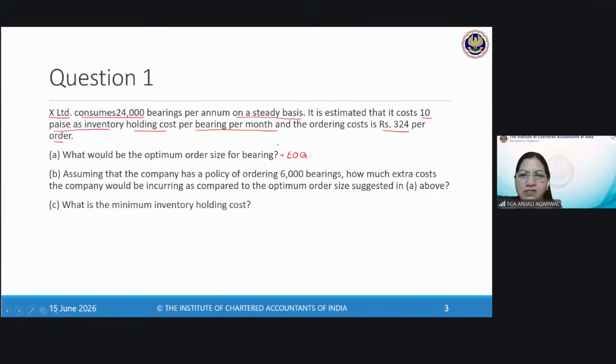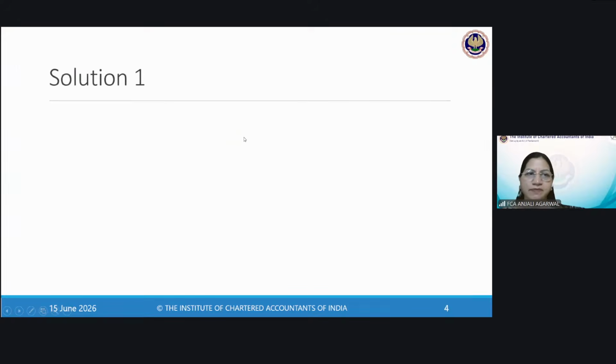Now, EOQ is a concept which talks about, first let me explain, economic order quantity.